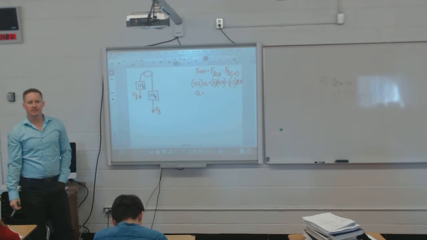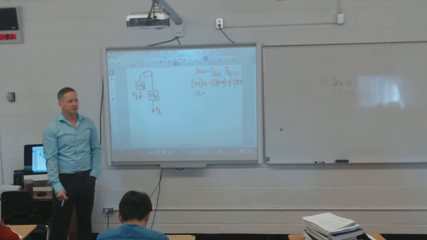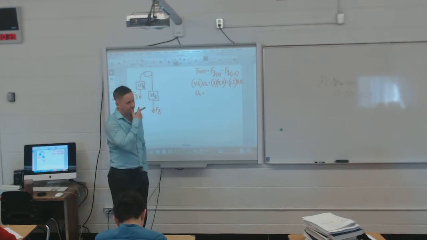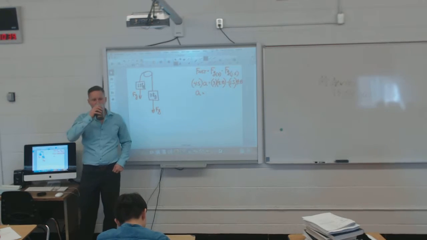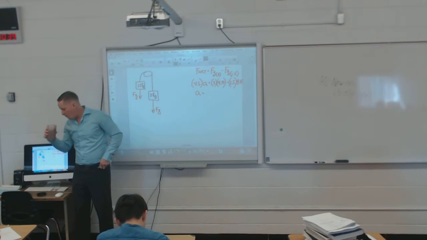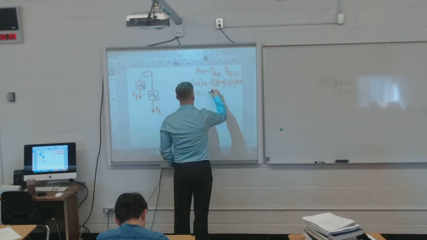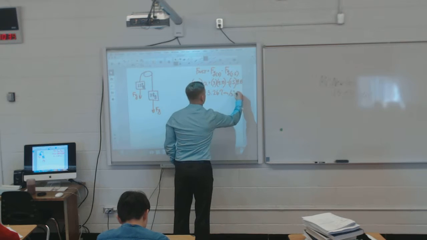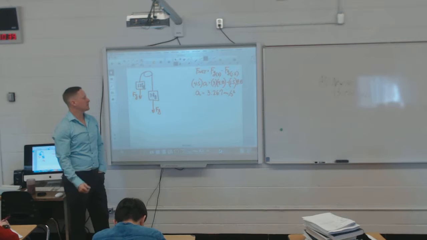So a equals 3 times 9.8 minus 1.5 times 9.8, divided by the combined mass, which is 4.5. That's 3.267. So they're both moving at 3.267 meters per second squared.